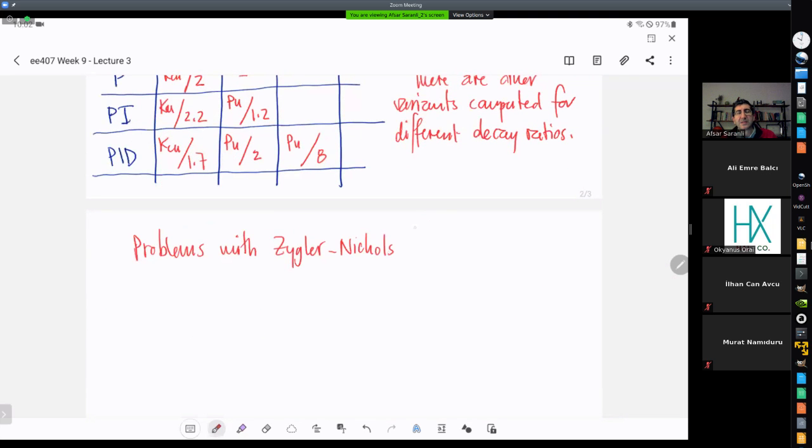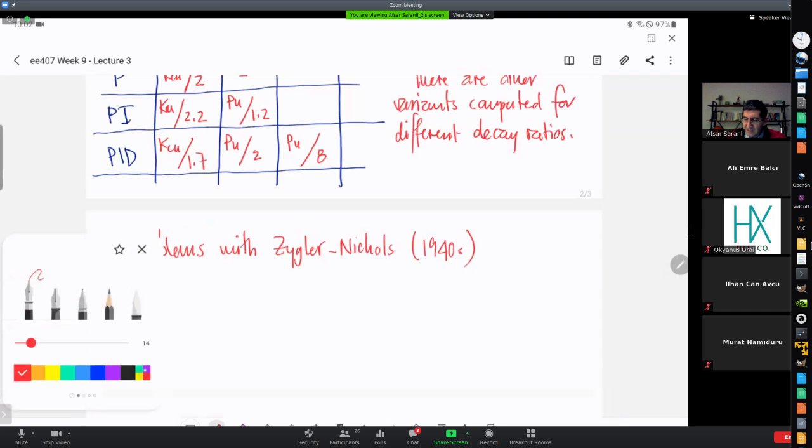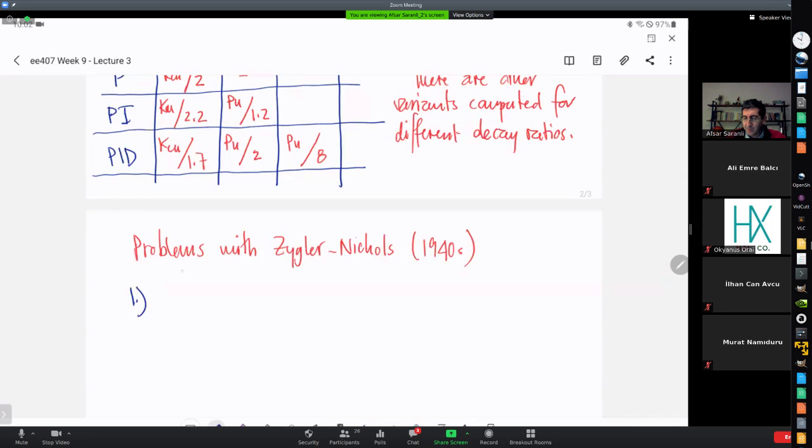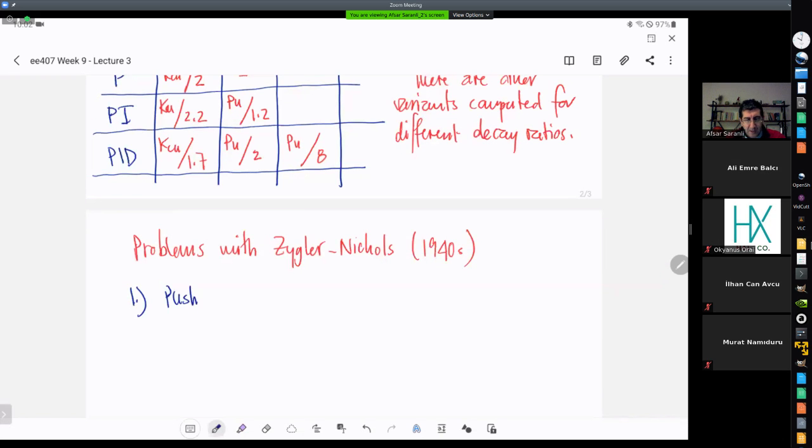Remember that this is a method that was developed in the 1940s. Okay? So, one of the problems is that it really pushes the control system, the controlled plant or process, to the stability limits.